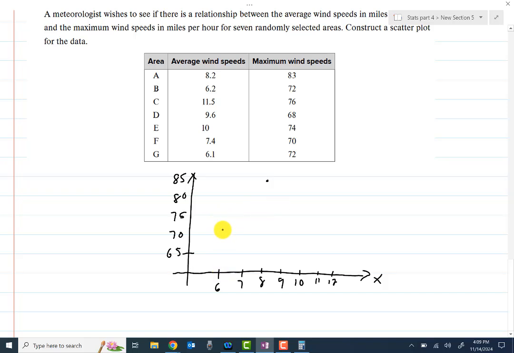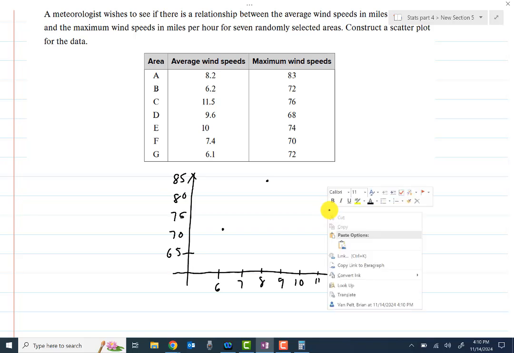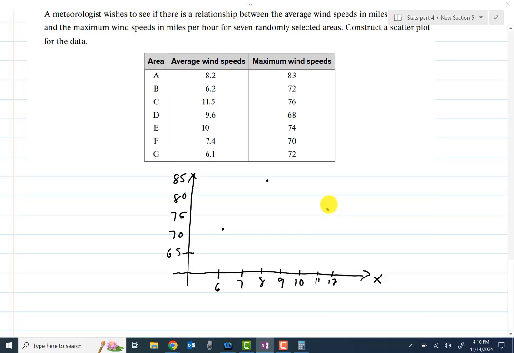So I'm going to put the dot right about here. And then 11.5 and 76, halfway between 11.5 and just slightly over 75 here. 9.6, 68, so somewhere midway between 9 and 10 and 68.